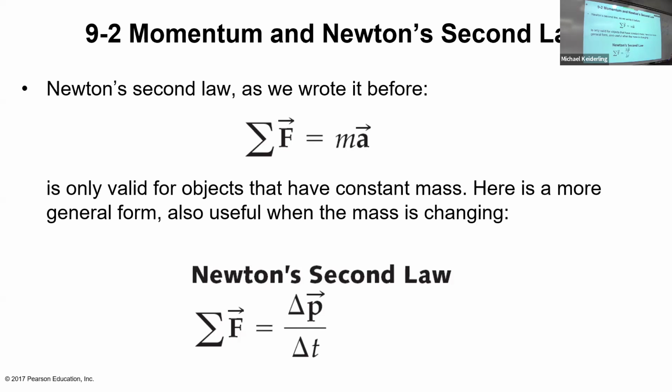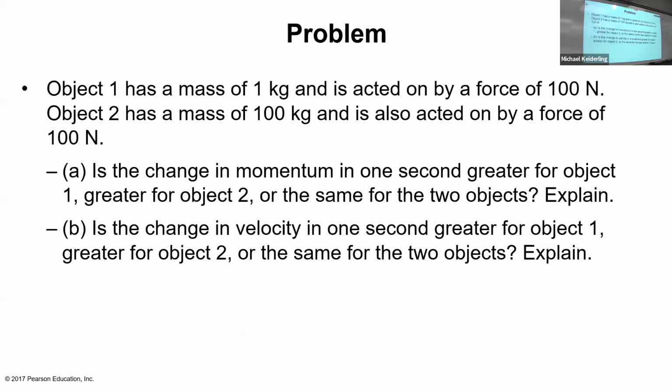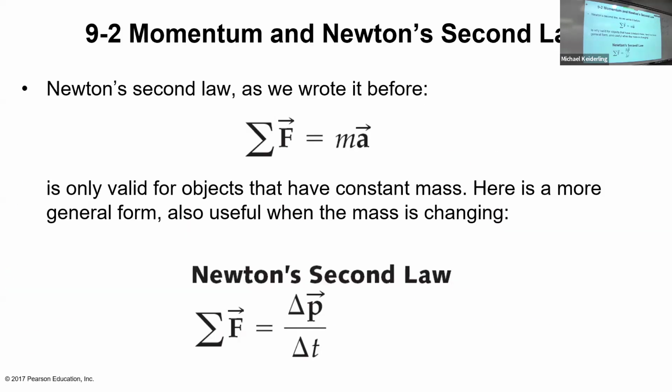And this idea of force being momentum over time, well, we can rearrange this equation. We multiply both sides by delta t. You can get some interesting things, but that'll be the next section.